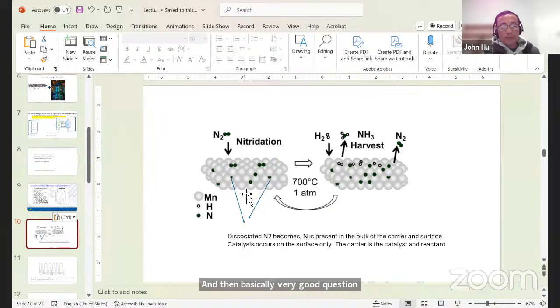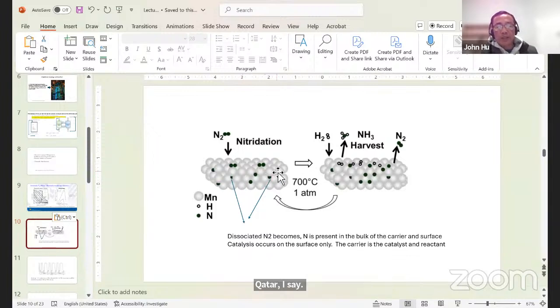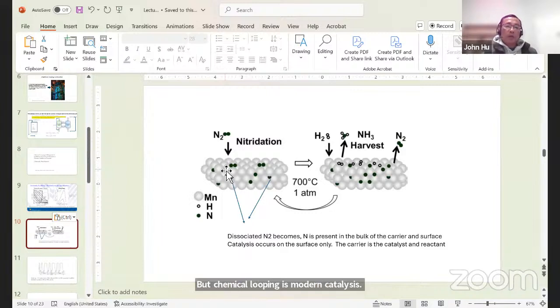So basically the nitrogen, it just depends on the material you use. Surface reaction is typically the so-called catalysis. Okay, but chemical looping is more than catalysis. This material, which is the nitrogen carrier, is catalyst and also reactant.